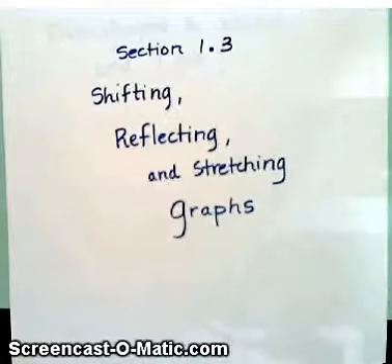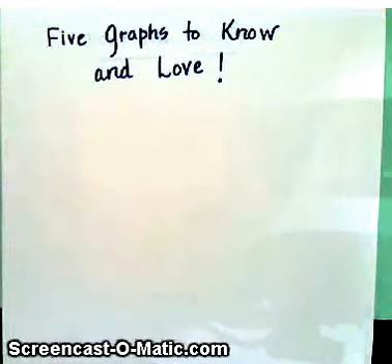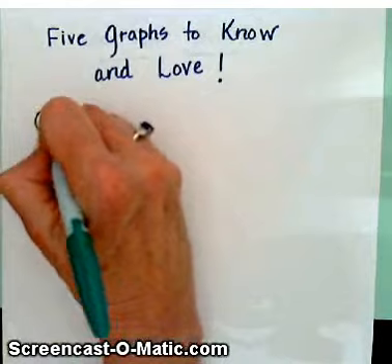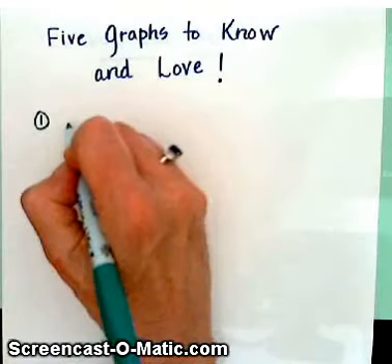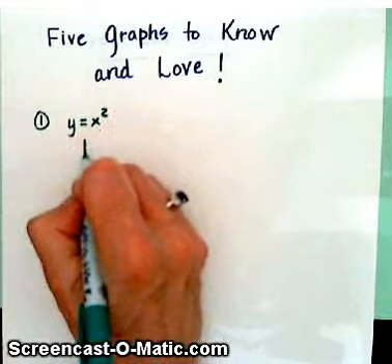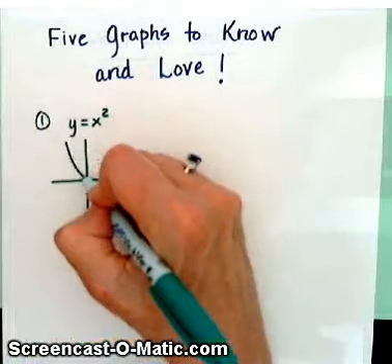Now, we're going to start off today's lesson with 5 graphs that you should know and love. These are the basic shapes that you should know, and you don't have to put these on your calculator because it takes way too long. The first one, of course, is y equals x squared, and that is your basic parabola. It looks like this.